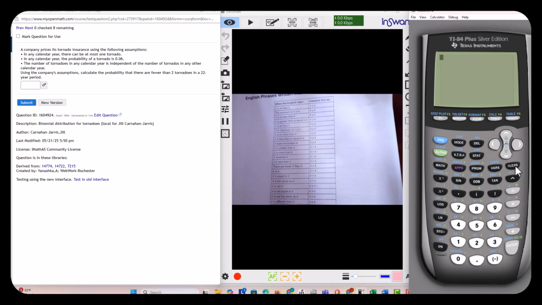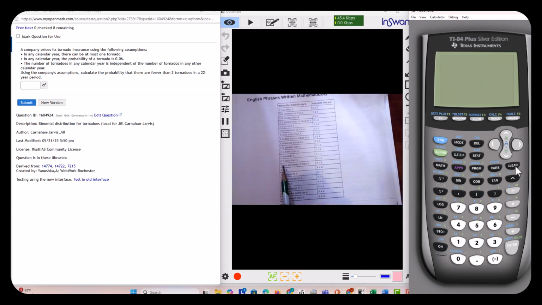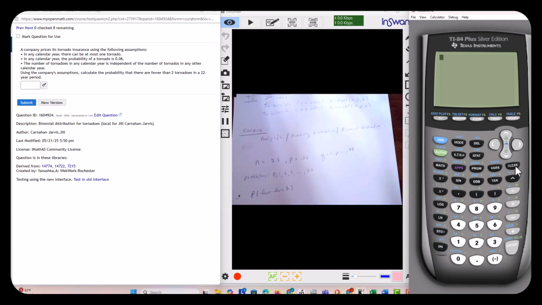Fewer than 2 is the same thing as the probability that X is less than 2. I like to write these out. What are those values? It could be 0 or it could be 1. It can't be 2, because this is not less than or equal to.